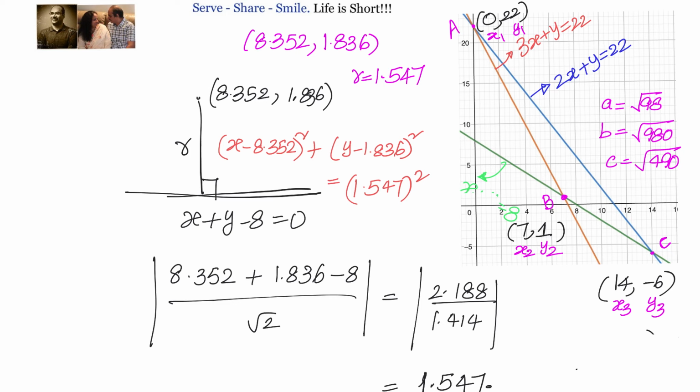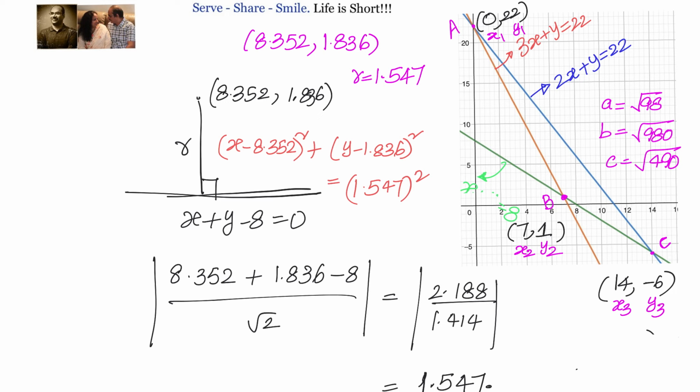So we calculated the small a, small b, small c values. We have x1, y1, x2, y2, x3, y3 with us. We substituted them and got the coordinates of the incenter as 8.352, 1.836. And the perpendicular distance from the incenter to any one side is nothing but the inradius, because we know that this circle will be touching all three sides and all three sides will be tangents to the circle.